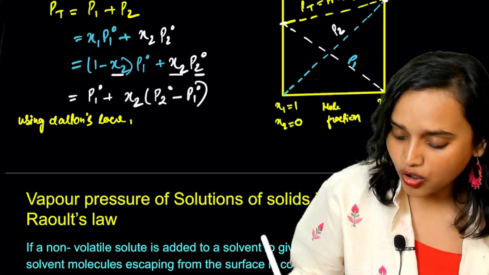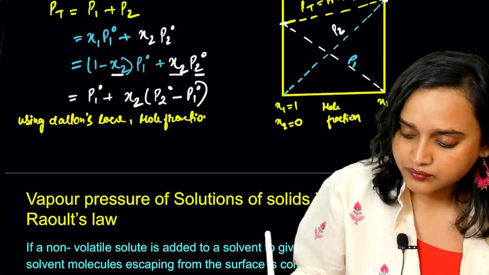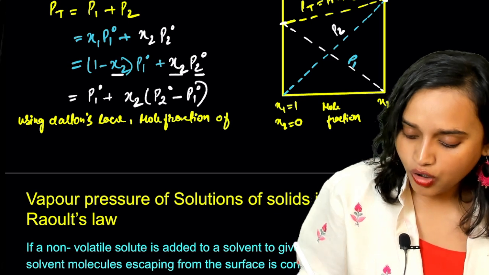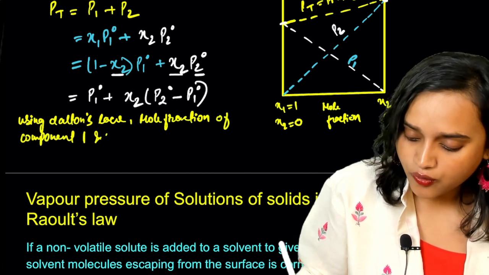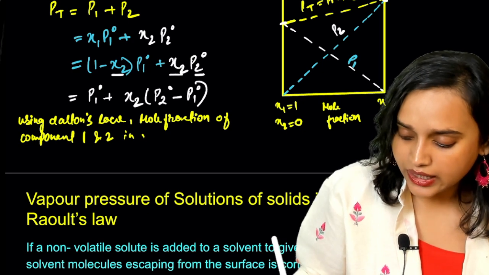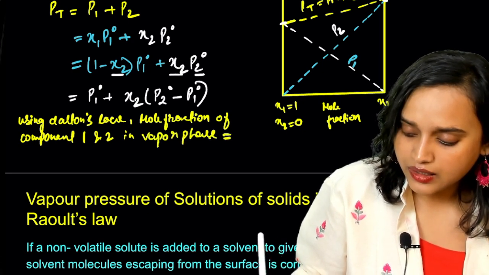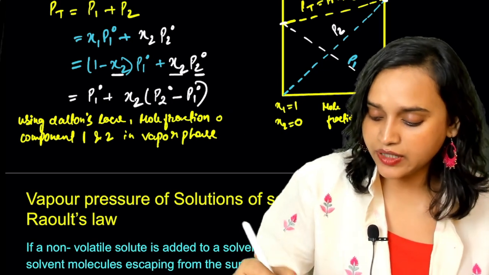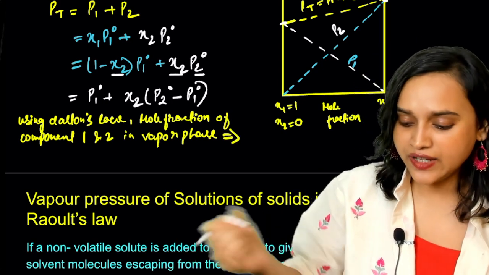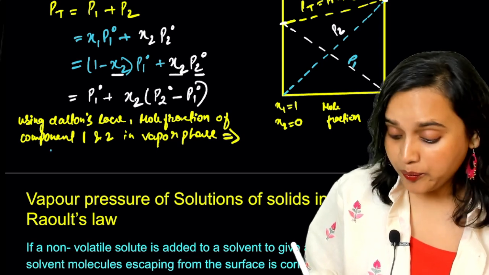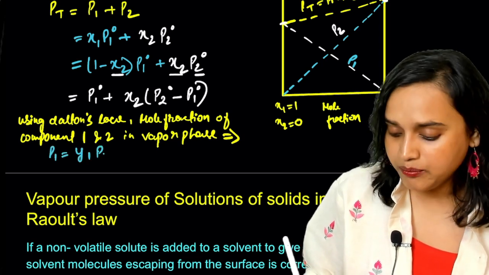In the vapor phase, for P1 it is going to be Y1 P total.